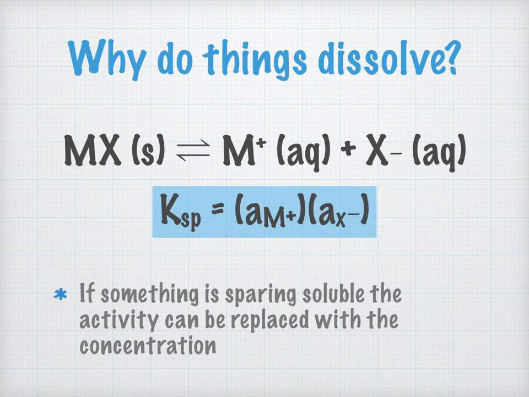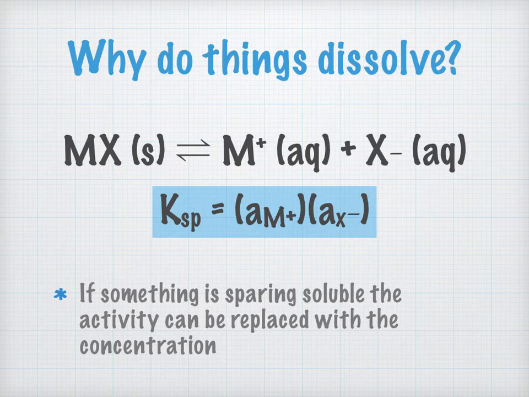So I've already said that we can relate it to the Gibbs equilibrium process, and if I can do that, I can get an equilibrium equation, and I have this KSP. KSP is my solubility product. It is my equilibrium constant for solubility, and I should always measure that in terms of the activity.